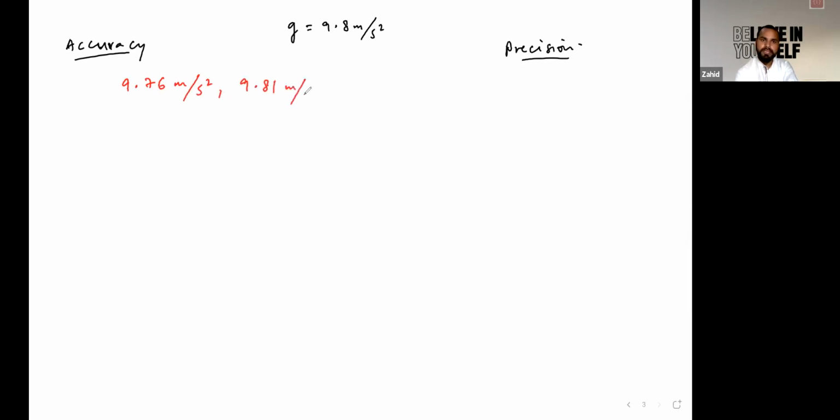For some other, it will be 9.8 meter per second square, 9.85 meter per second square, and so on. So just check which of these experimental values is more closer to this particular actual value. We take this particular actual value as true value, and these are some experimental results. So just compare which of these experimental values is more closer to this particular true value.